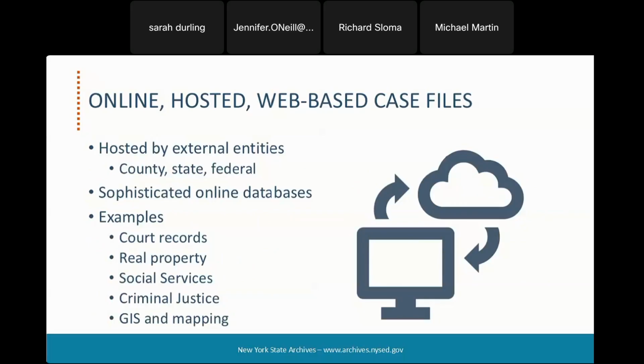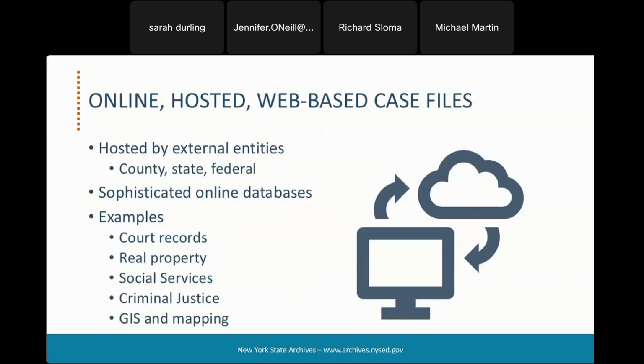Another type of case files are online hosted web-based case files. And these are usually situations where you need to share data with another level of government. So these are usually hosted by external entities such as a county, state, or federal governments.